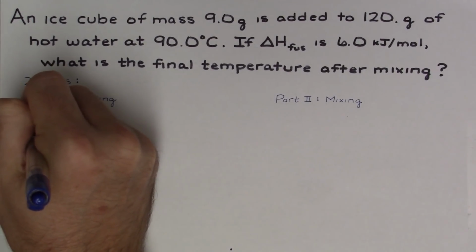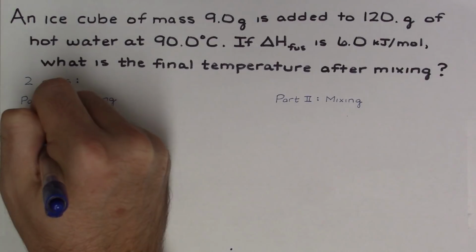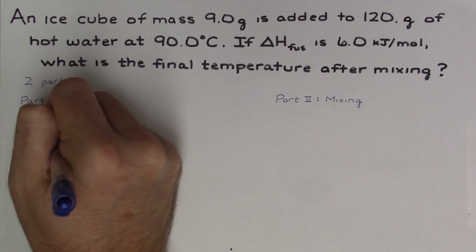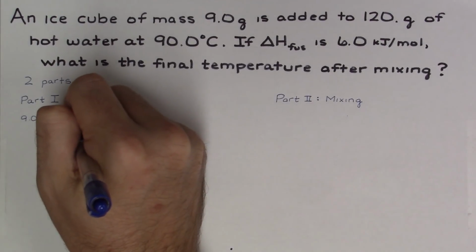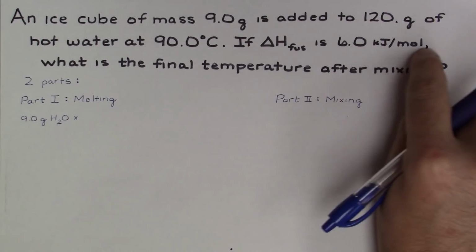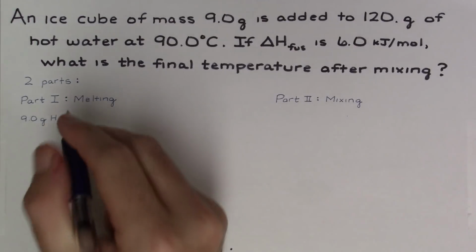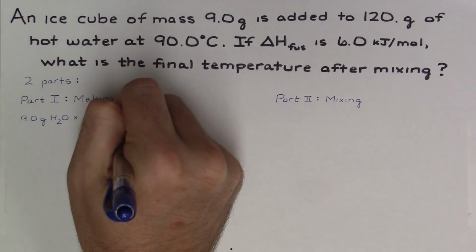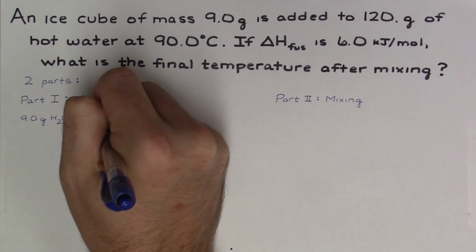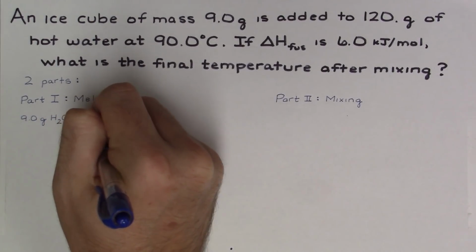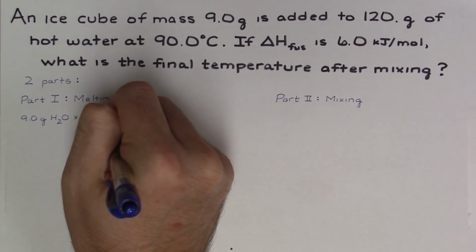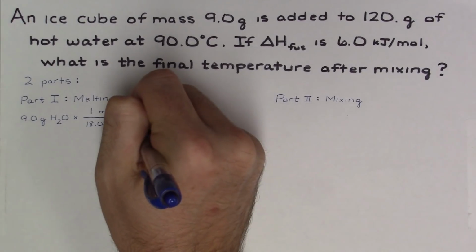The first thing we need to do is take our 9 grams of our ice, or H2O, and turn that into moles. The reason we do this is that the unit is kilojoules per mole. We cannot do this with grams. So we're going to say that 1 mole is over 18.016 grams.